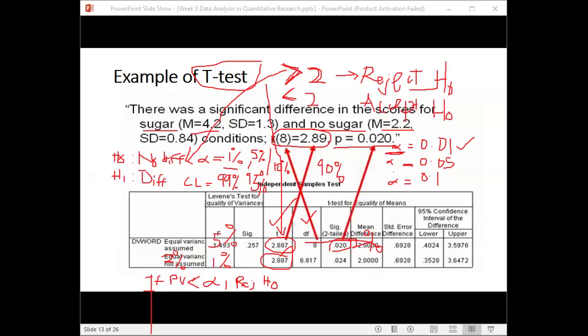So statistically, we consider these three levels of significance: 1%, 5%, or 10%. The normally accepted one is 5%. So it is okay to interpret your results when they are significant under the 5% level.